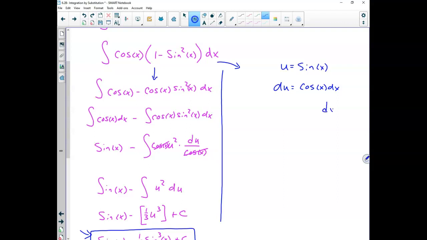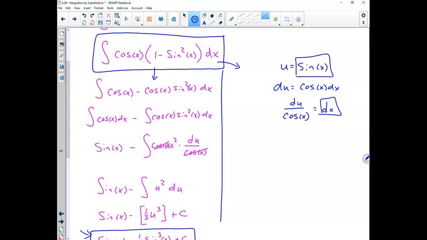So dx is going to equal du over cosine x, okay? So I'm going to replace this, and I'm going to replace this inside here, okay? And this is a product. This is why I can. This is this times dx.